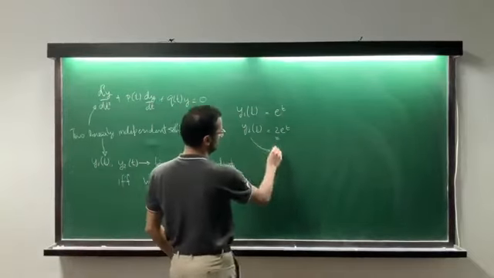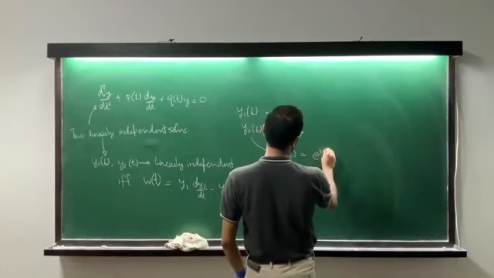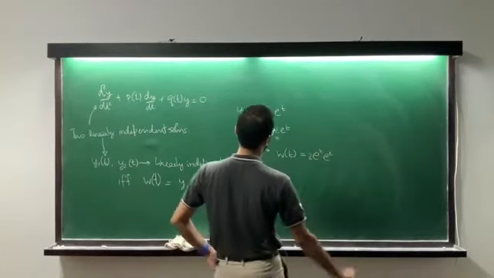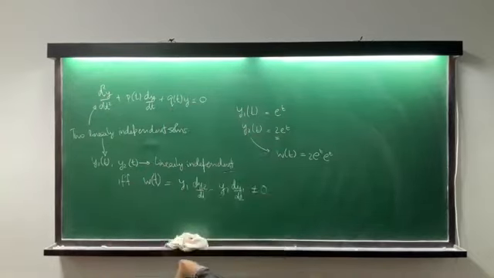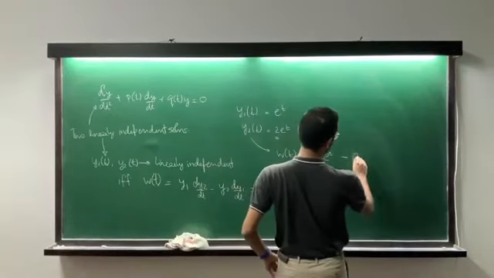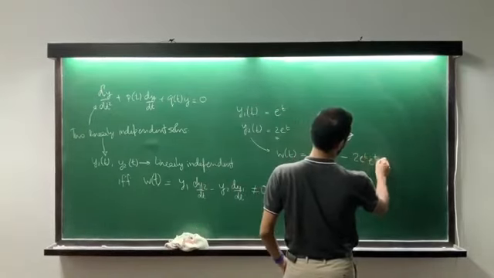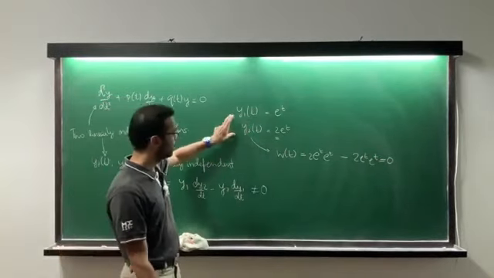For this, w of t is e^t times the derivative of 2e^t, which gives 2e^t, minus 2e^t times the derivative of e^t, which gives e^t. And that's 0. So these two are linearly dependent.